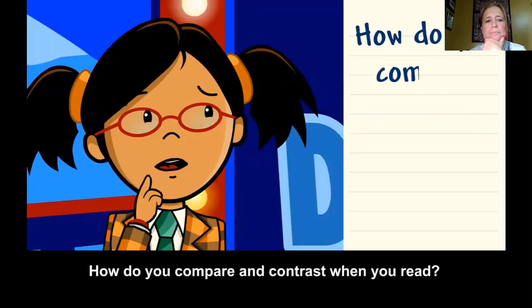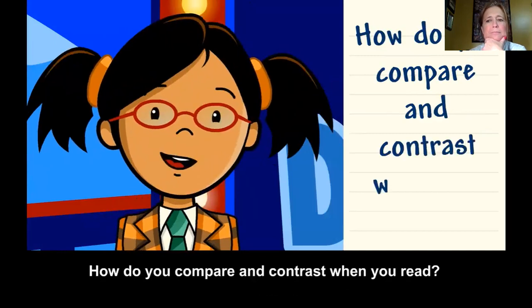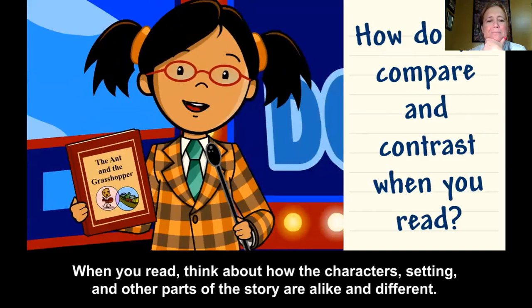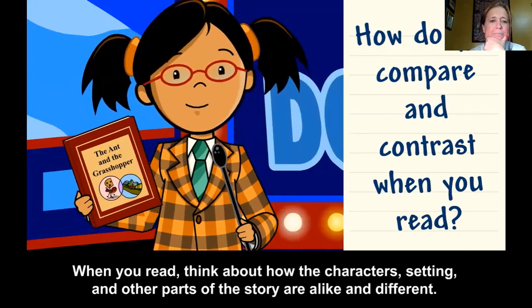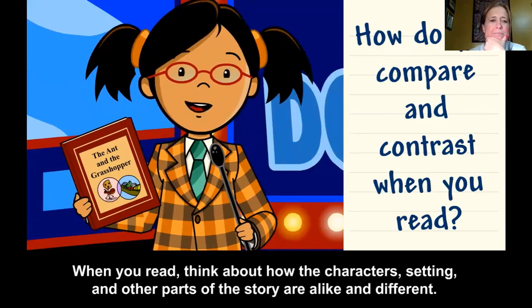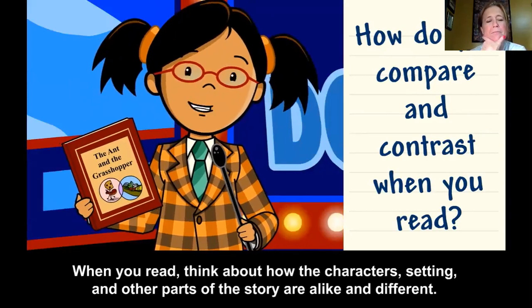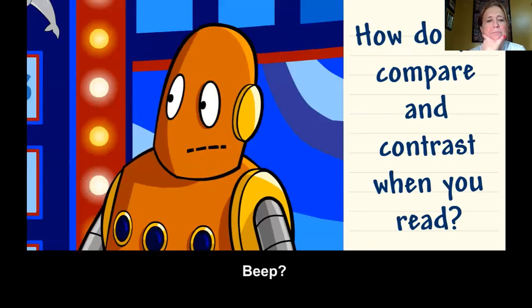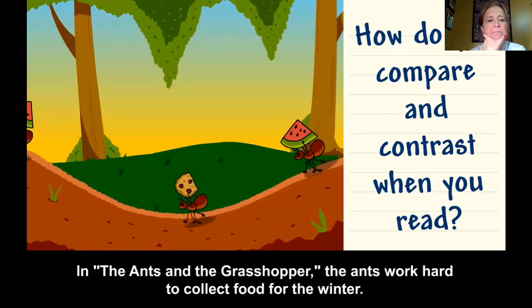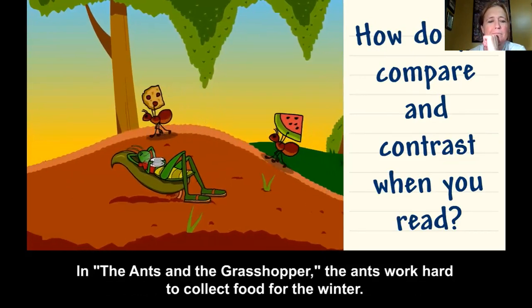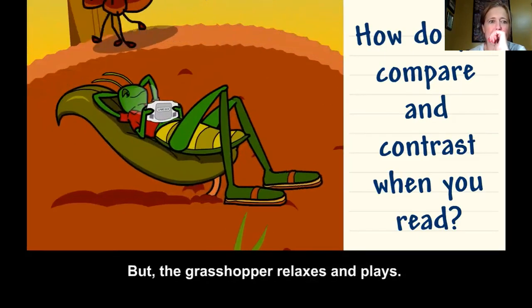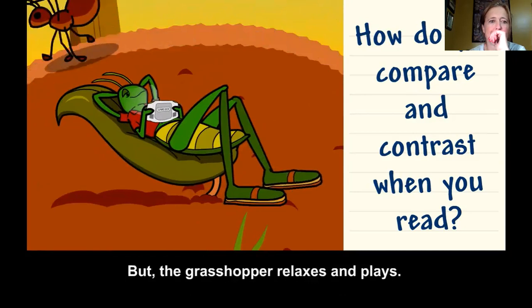How do you compare and contrast when you read? When you read, think about how the characters, setting, and other parts of the story are alike and different. In The Ants and the Grasshopper, the ants work hard to collect food for the winter, but the grasshopper relaxes and plays.